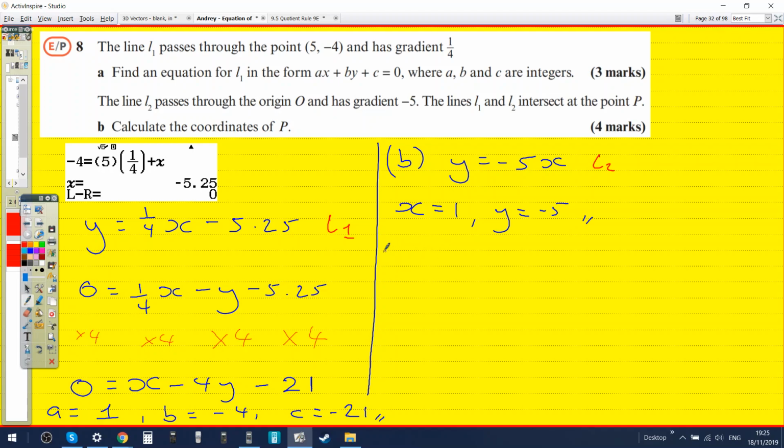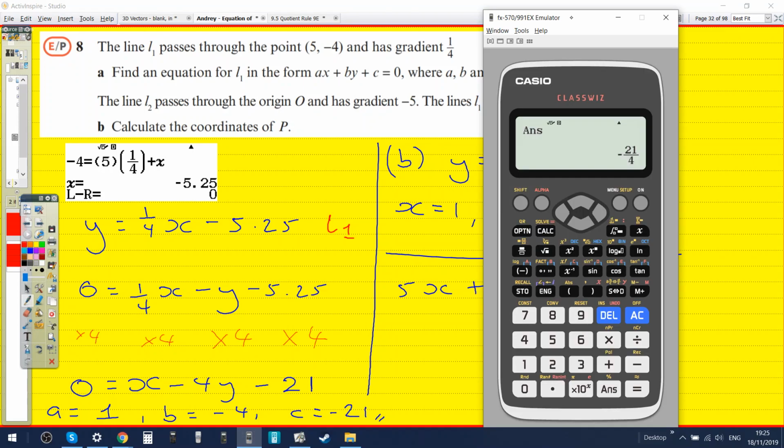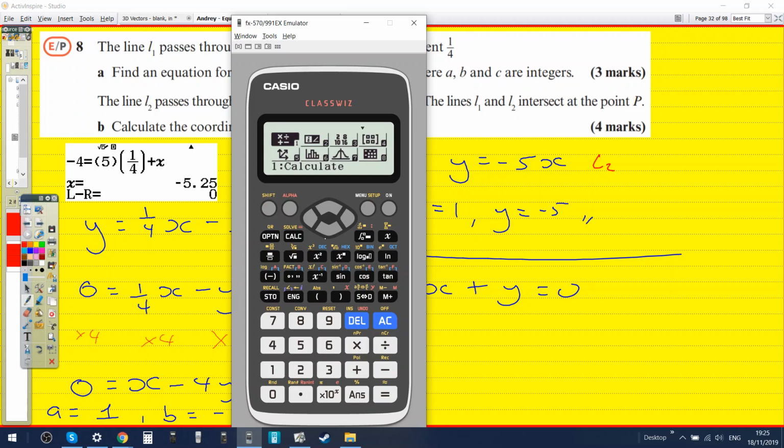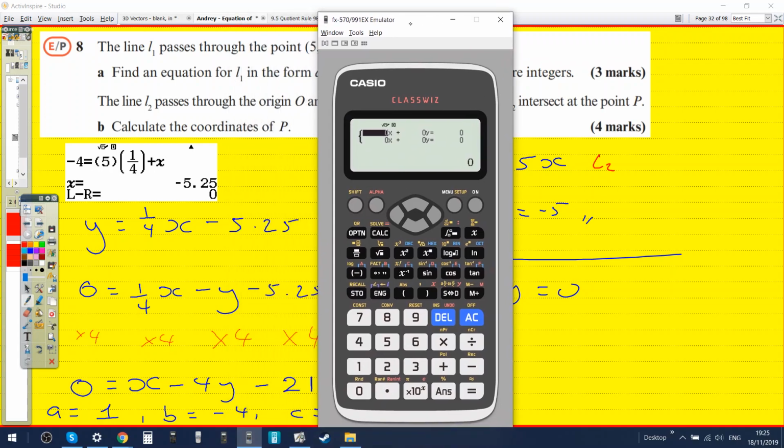And I just want to try something that you might find easier, maybe not. So this one up here, if you rearrange it to get 5x plus y equals 0, you can do it using simultaneous equations. So last time you were saying use simultaneous equations, and we're doing it by substitution. If we do simultaneous equations, it's two equations, two unknowns.